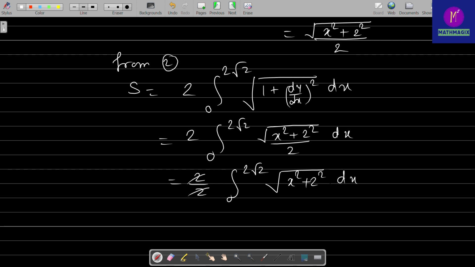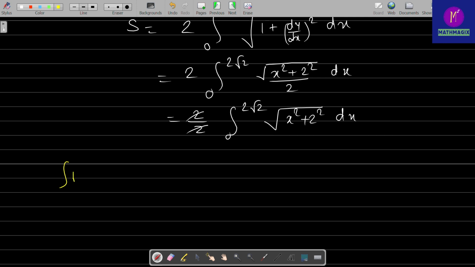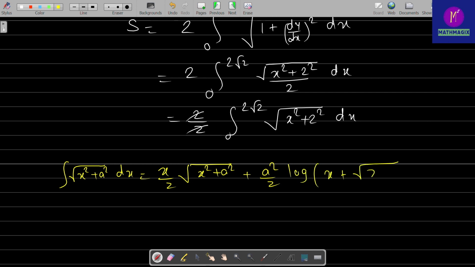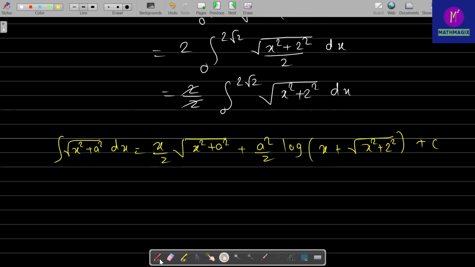Again we need to apply here the formula: integration square root of x square plus a square dx, that is x by 2 square root of x square plus a square, plus a square by 2 log of x plus square root of x square plus a square, plus c. So let us apply this formula. Here in our case a is 2.